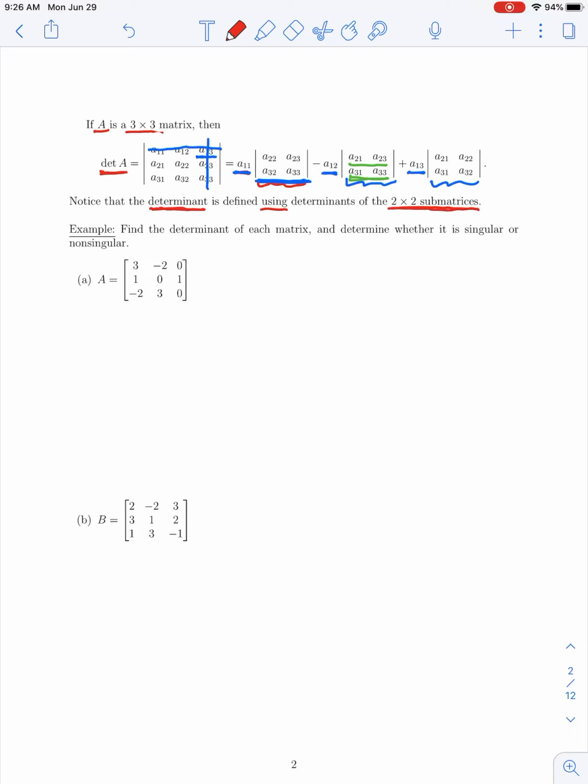But for now, let's look at an example of finding the determinants of some 3 by 3 matrices. We're going to use that determinant to identify whether our matrix is singular or non-singular, as we did in the last example.